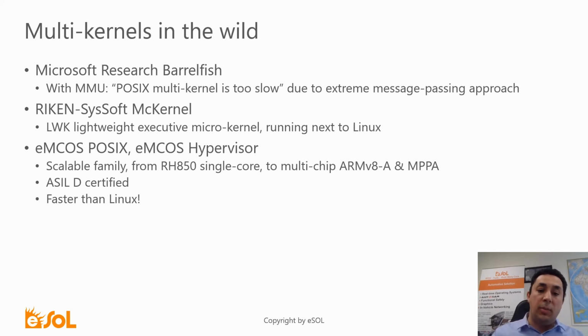Then you can find AMdahls POSIX and its extension for hypervisor, AMdahls Hypervisor, which can scale from little cores like Renesas RH850 up to ARM v8A cores, Cortex A50 or A70 series, as well as Calray MPPA, which has some components going up to 80 or 256 cores. And AMdahls POSIX has also been safety certified.